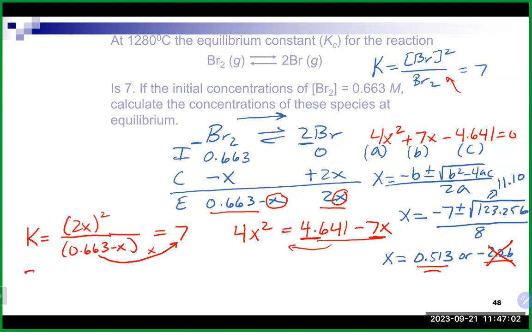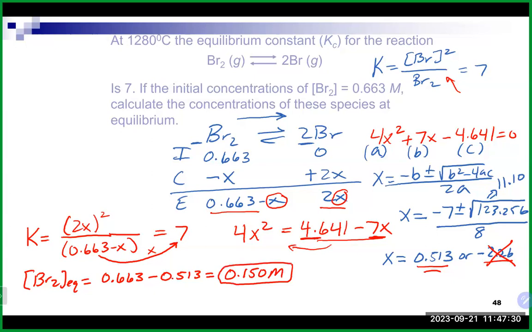For our concentration of Br2 at equilibrium, that would be 0.663 minus our x value of 0.513. That's going to give us something like 0.150 molar, since it is a concentration.